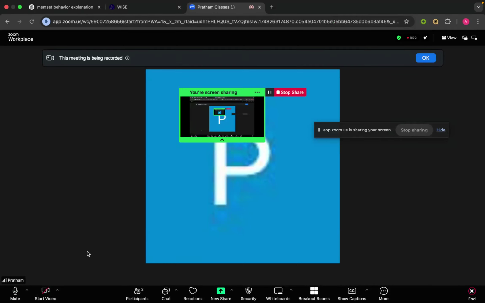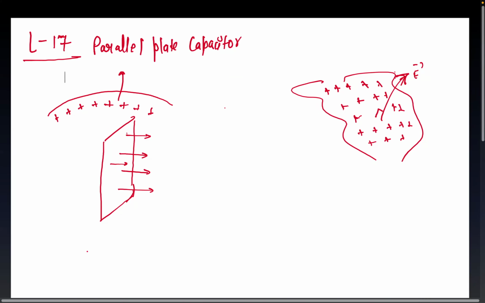Hello. Yes, hello, sir. Is it better now? Yeah, now it's fine. What I was saying is, all the electric field lines will be perpendicular to the surface, right? Because it's a conducting surface.